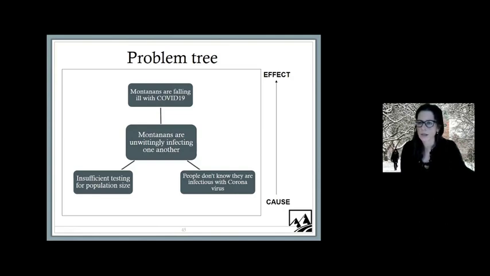This is one way of setting up what's called a problem tree, where you've got the roots, which are the root causes. They lead into a midstream effect, which then results in a late stream effect. A problem tree helps us conceptualize the relationships between what we think the components of the problem are and how they feed into each other.